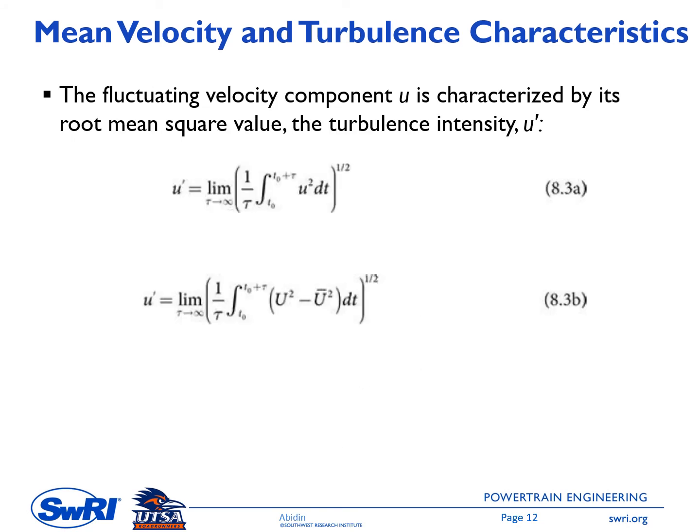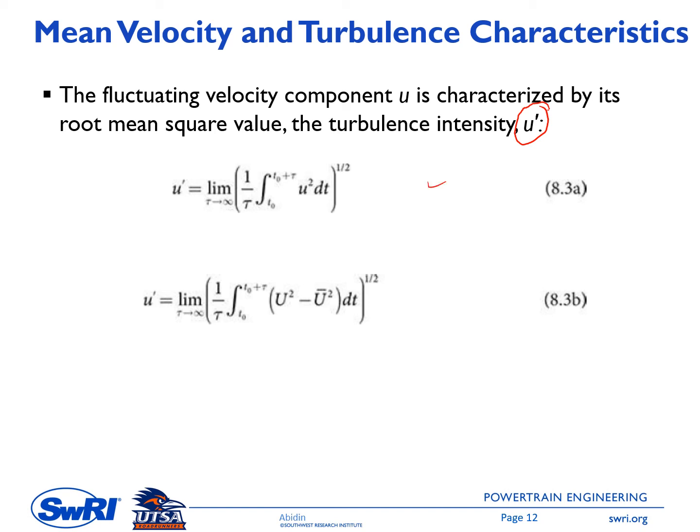The fluctuating velocity component, small u, is characterized by its root mean square value, and this is called the turbulence intensity u prime. U prime is one of the important parameters when we analyze a combustion process, and it represents the level of turbulence. U prime is formulated by equation 8.3a.